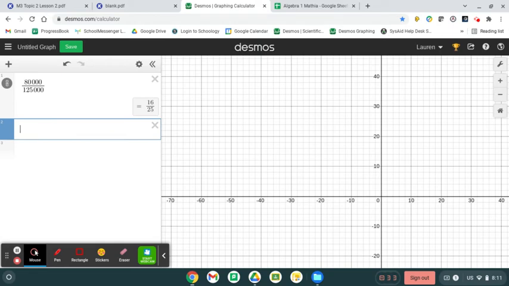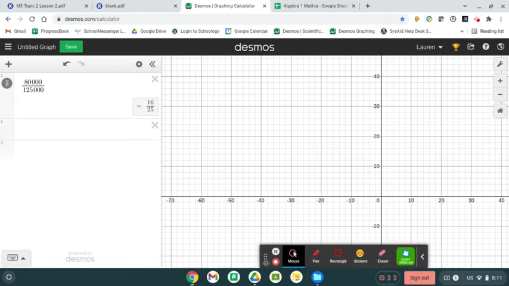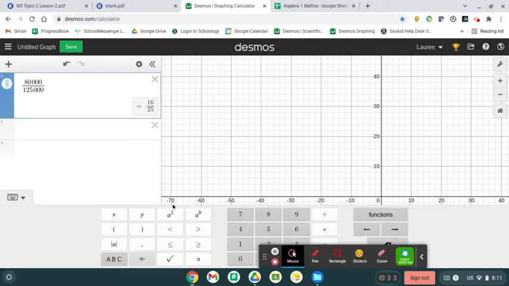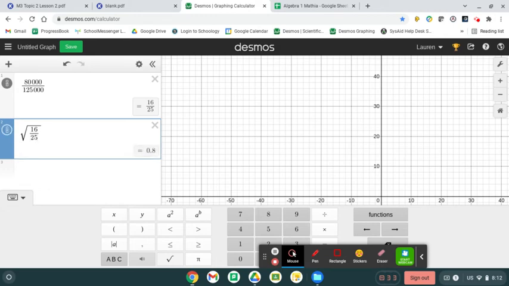Now, that's not something you're going to have to know per se, so don't freak out if you don't know how to do that. But anyway, you take this square root since it's over 2 years, and we're talking about exponents. 16 over 25 gives you 0.8, which is 4/5. Again, you don't need to know that part.